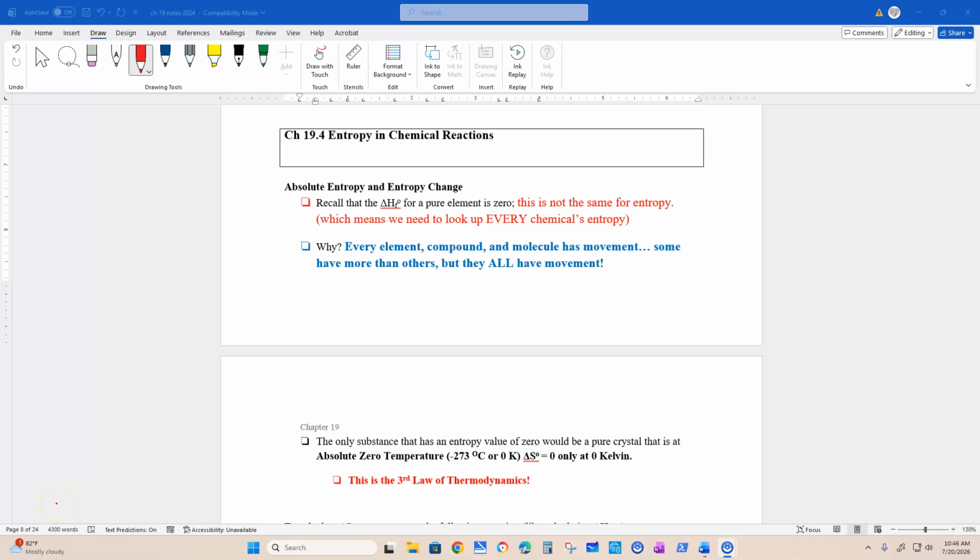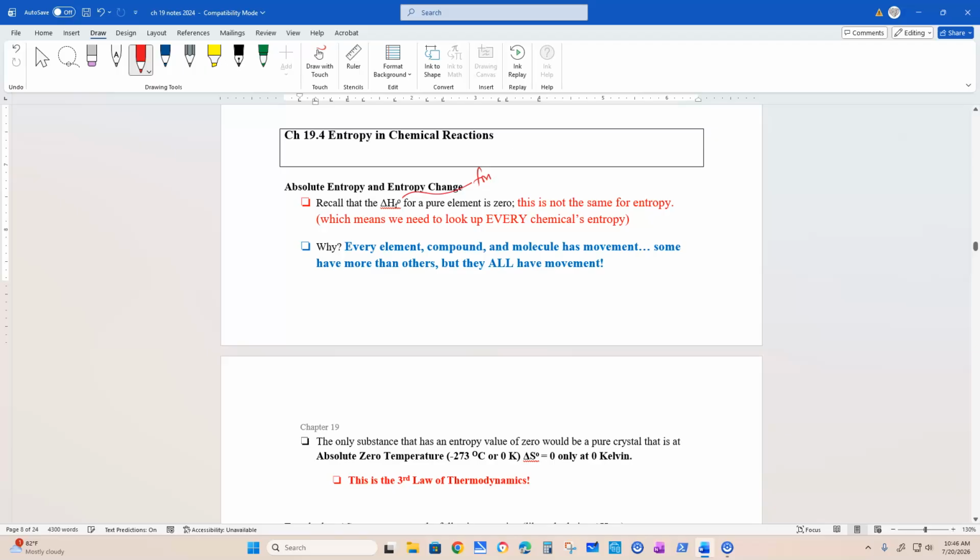Let's practice some more entropy calculations. Now, how do we calculate entropy in a chemical reaction? So absolute entropy or entropy change. Recall that delta H, little f, remember that f means formation.